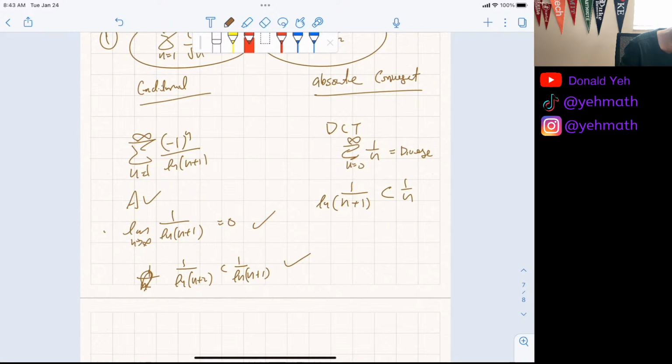It's bigger, right? And the smaller one diverges, so this one also diverges by the DCT. So the absolute series diverges, therefore it's conditionally convergent, because the alternating series test says it converges, but the absolute value says it diverges.